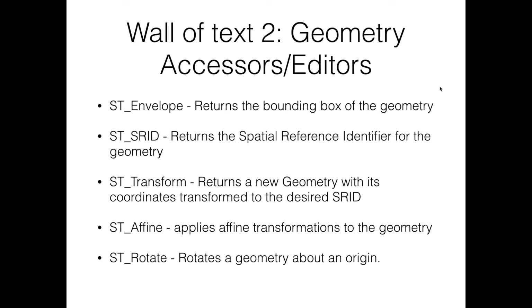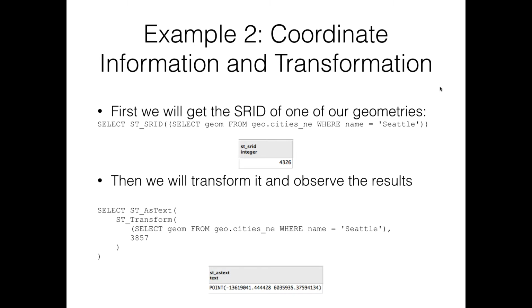So Postgis supports that out of the box. It's got functions to take a polygon from one coordinate set and convert it to another. It allows you to set the coordinate set, the SRID, and just functions to get the envelope of something. So if I have a complicated polygon, I just want to get the bounding box around it, I can do that. I can rotate stuff. I can get affine transformations. I don't really use that a whole lot, but they exist. So 2 more examples.